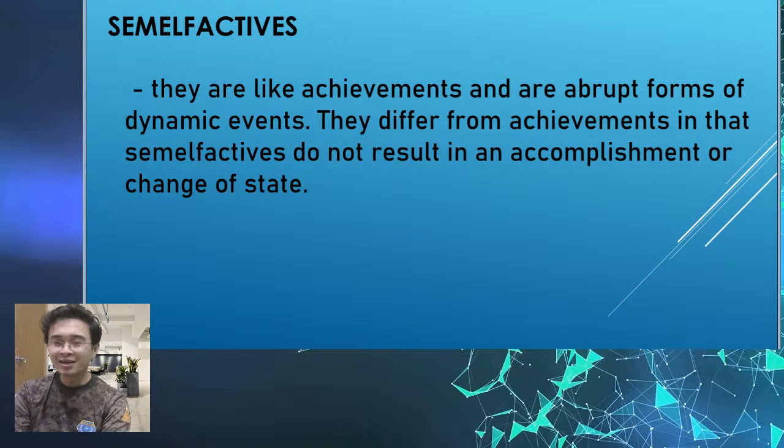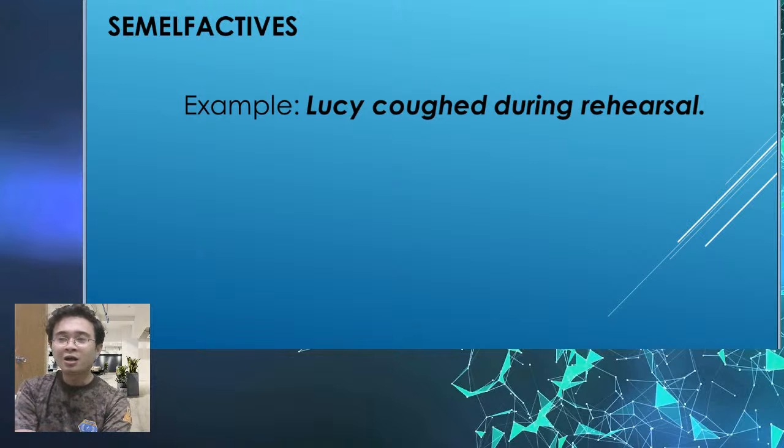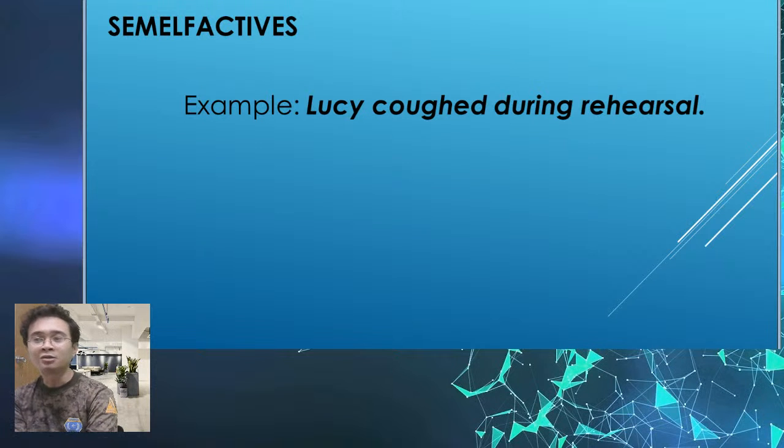Example sentence: Lucy coughed during rehearsal. Our verb here is coughed. When we cough during rehearsal, it only happens in less than a second, or maybe less than 2 seconds. So the word cough here happened really quick.